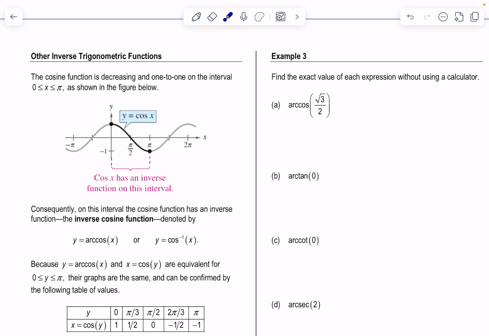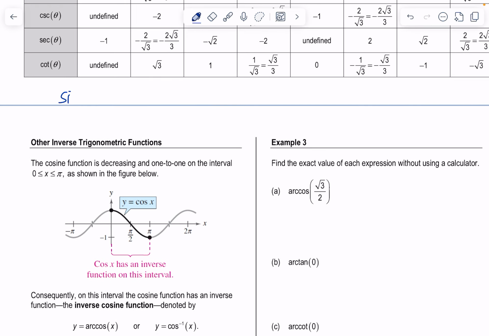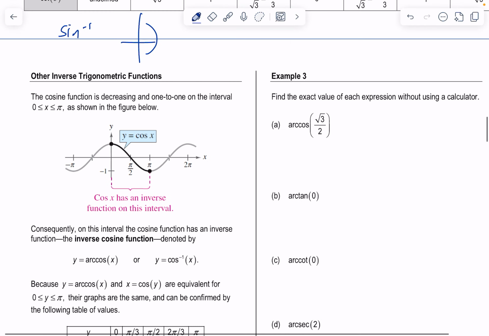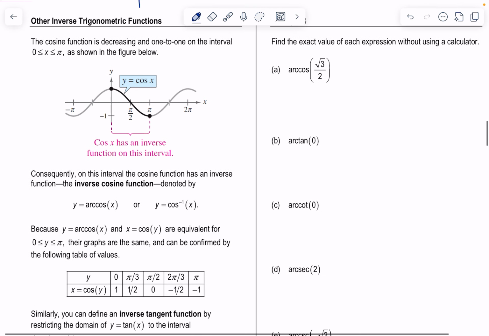For the sine function, our restriction was from negative pi over 2 to pi over 2. But for the cosine function, it's different. It's from 0 to pi. So for a cosine function to have an inverse, we need to restrict it to this interval.